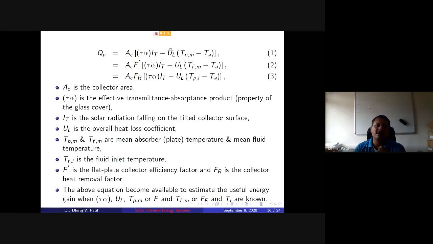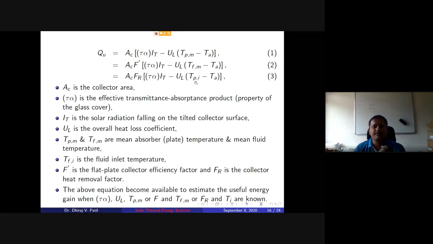So as you arrest the heat loss, that means the minus part of this equation. These are the same equations; it depends upon which temperature you are measuring. If you are measuring the mean fluid temperature, then F dash is used. F dash is basically the flat plate collector efficiency.